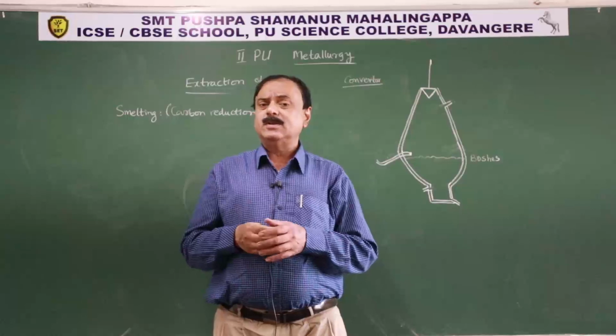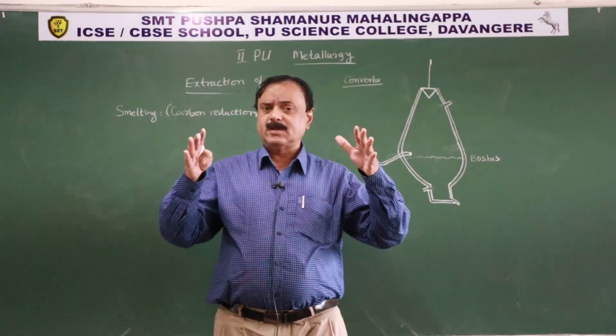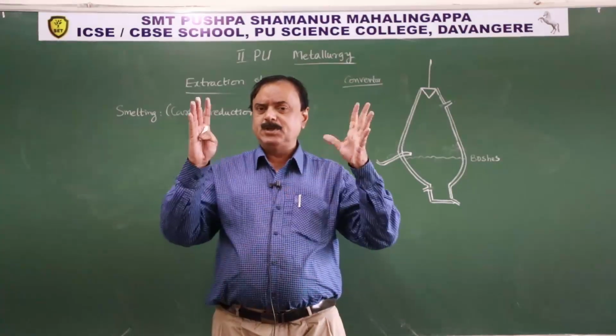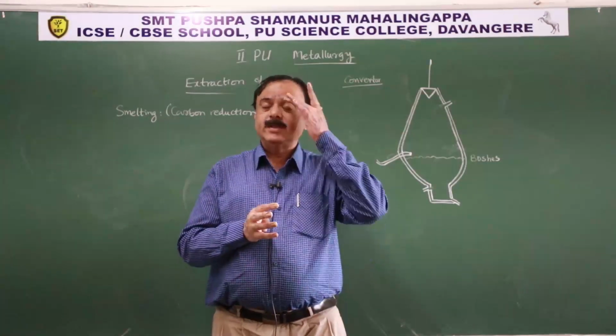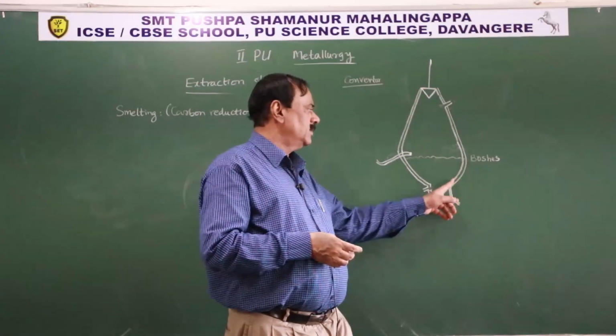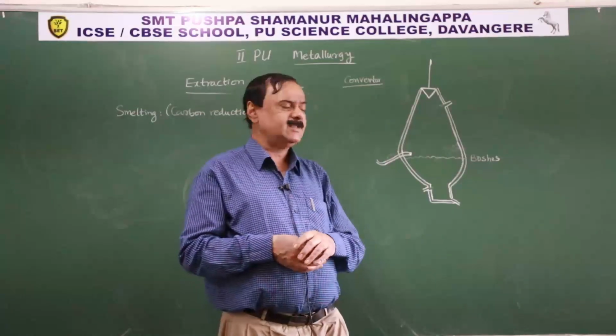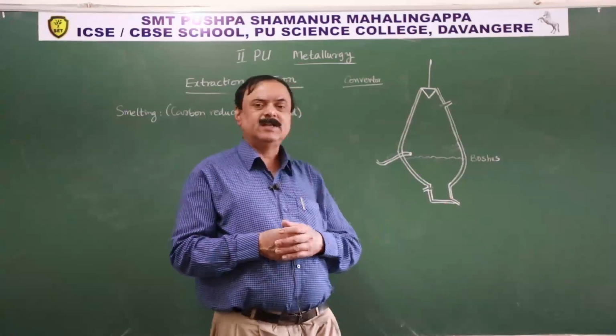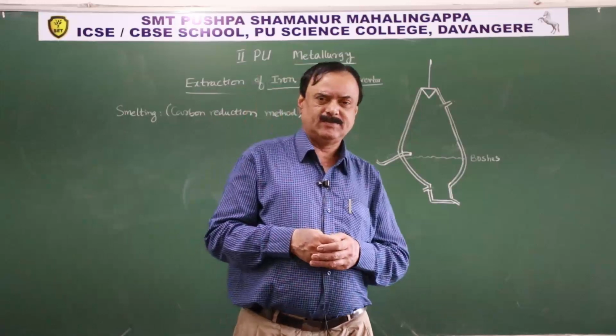The diameter is highest in the Bosch's region; below the Bosch's region, the diameter gradually decreases, and the hearth region is provided at the bottom of the furnace.